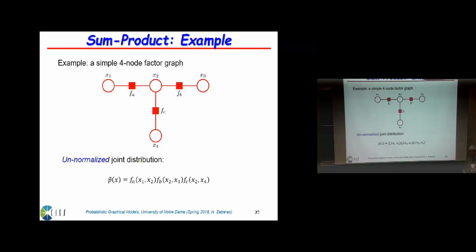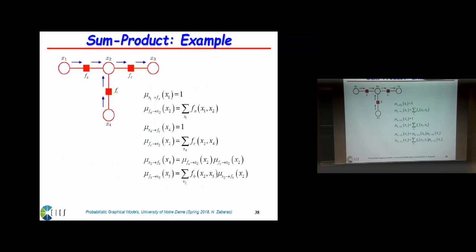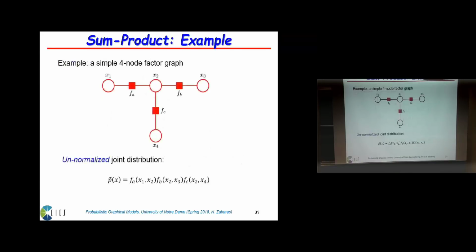Let's suppose we want to compute all the marginal distributions in this graph. Evidence is not an issue; you just use slices of these distributions if you have evidence. But let's say we want to find the marginals of x1, x2, x3, x4 in this graph.